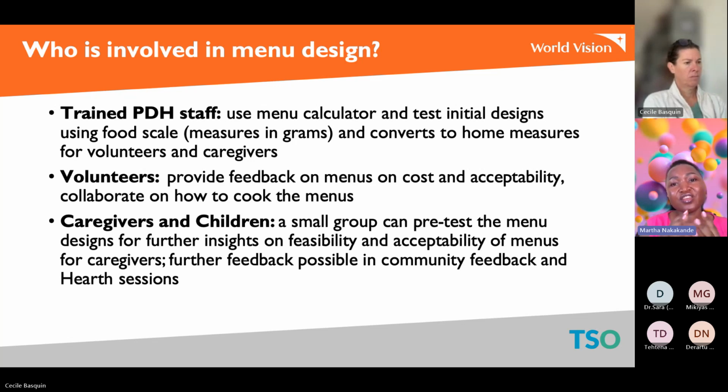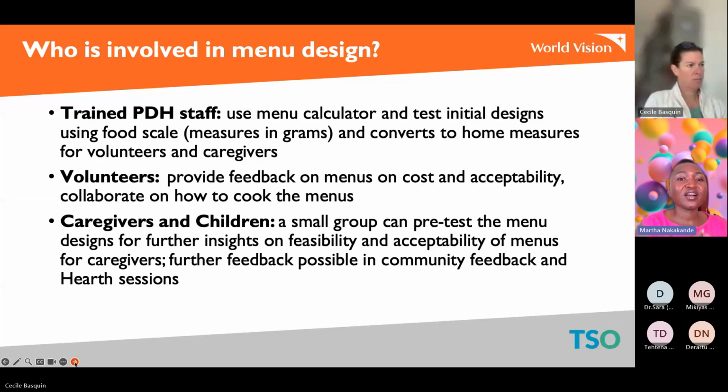So in your case, when you're designing your cooking demonstration, which I assume is what you want to do, you have to have these volunteers or these lead mothers, if they're there, or lead fathers, who are not only going to lead the cooking during the demonstration, but can also follow up with these mothers to see if they're doing that work back in their homes when they go back. And of course, you definitely need to have the caregivers.